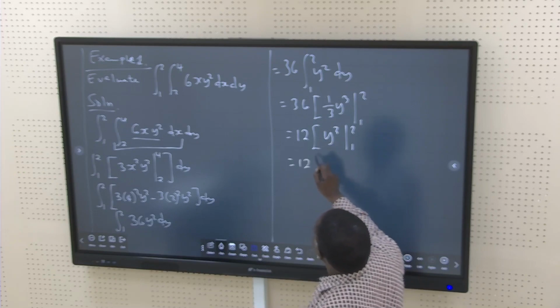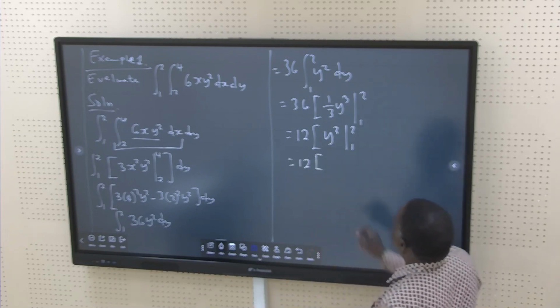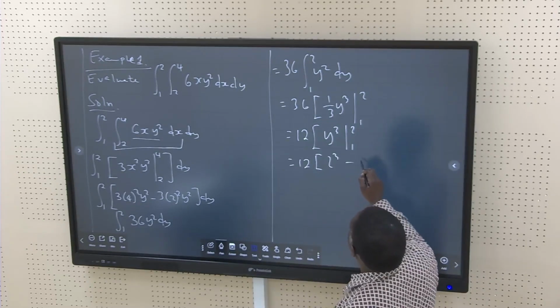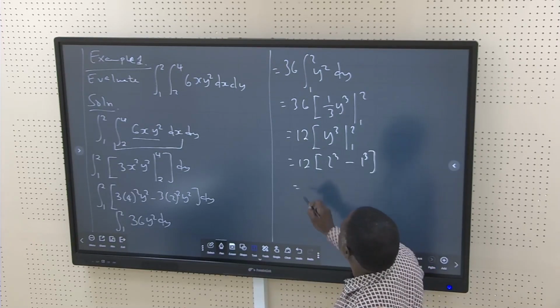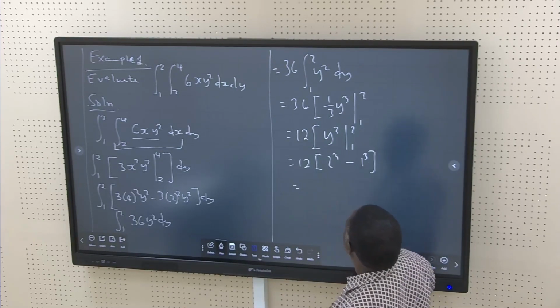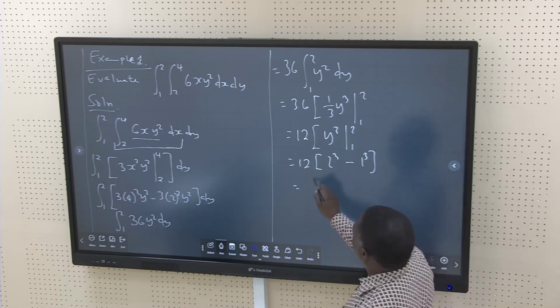So this is 12 times (2³ minus 1³), which is 12 times (8 minus 1), which is 84.